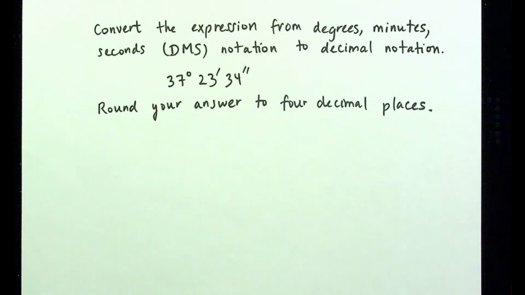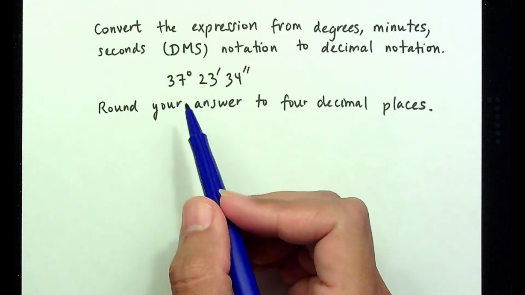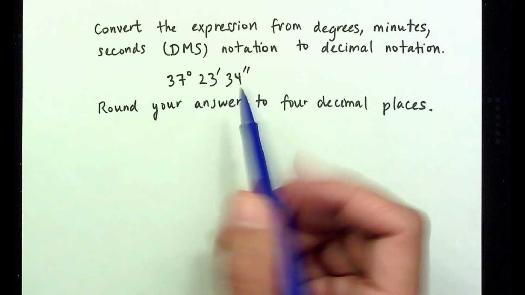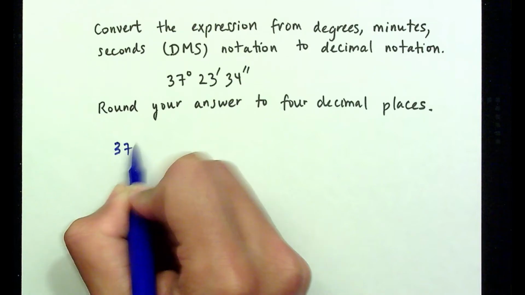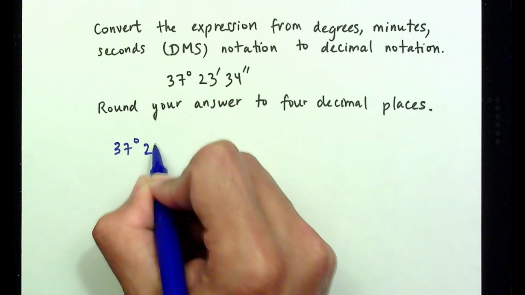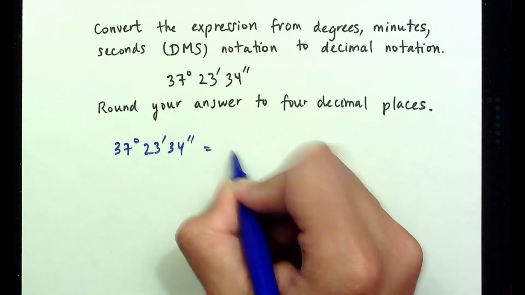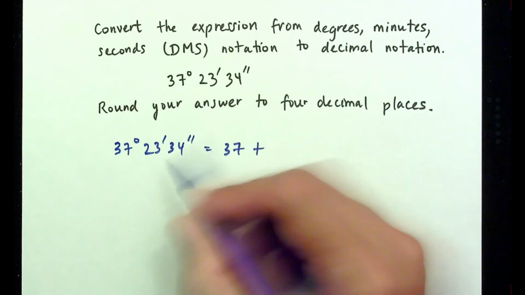Converting from DMS notation, which is degrees, minutes, and seconds notation, to decimal notation. Okay, so in this problem we have 37 degrees, 23 minutes, and 34 seconds. To convert it to decimal, these will be the same as 37 plus the minutes.